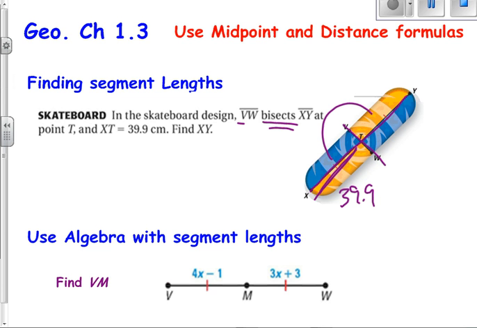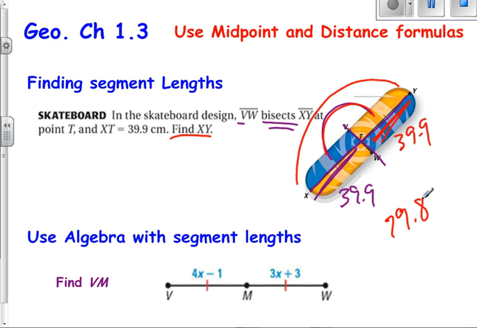Well, if these two line segments are equal, then I know that this is also 39.9. And then to find the whole XY, just add those two. That would be 79.8, and we are looking at centimeters. Okay, so 79.8 centimeters.